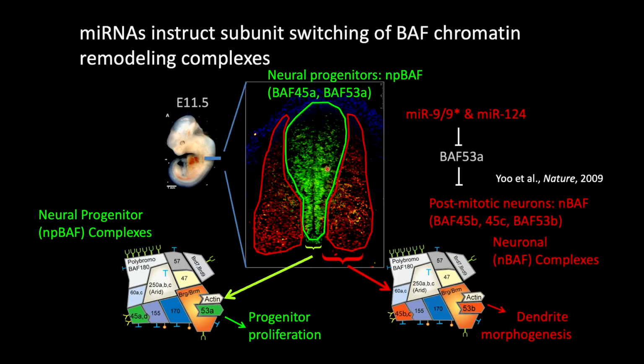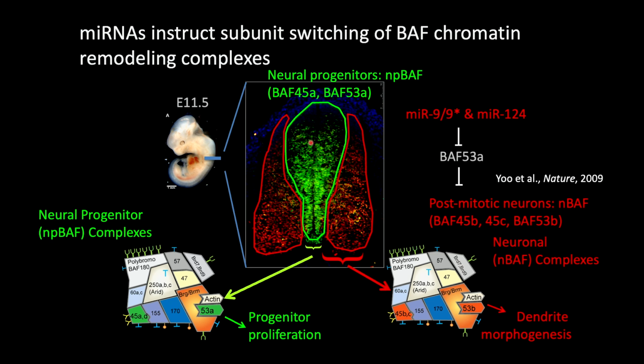One example is exemplified here in this cartoon, where you have a cross-section of a developing mouse embryo. You're looking from top to bottom, and all these green cells are neuroprogenitors. When these neuroprogenitors differentiate into neurons, the subunits of this chromatin remodeling complex, called the BAF complex, switch.